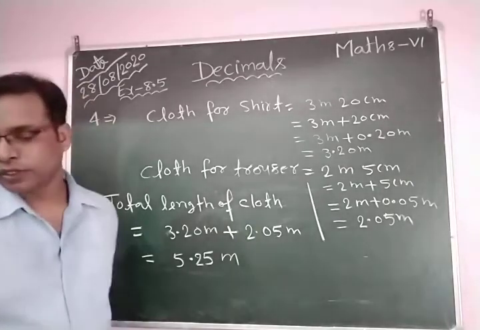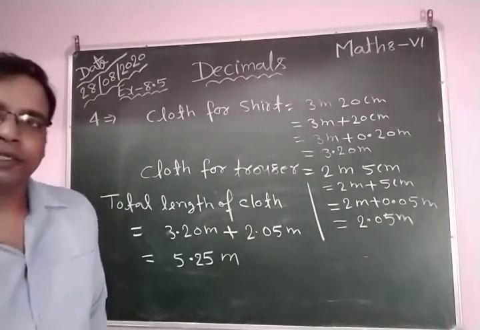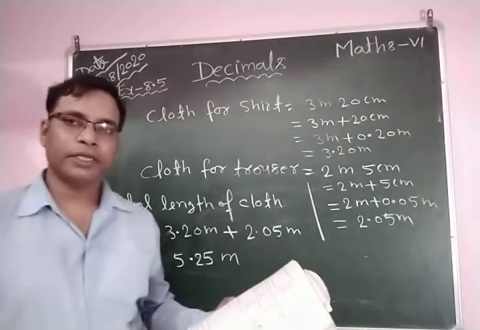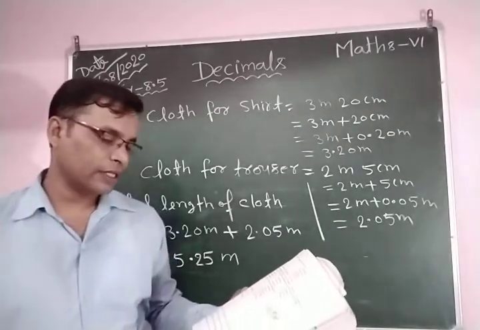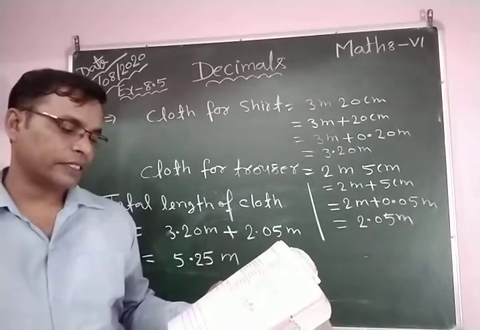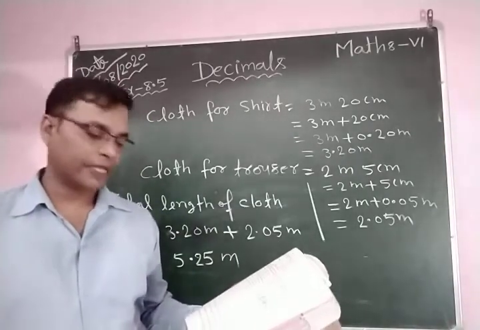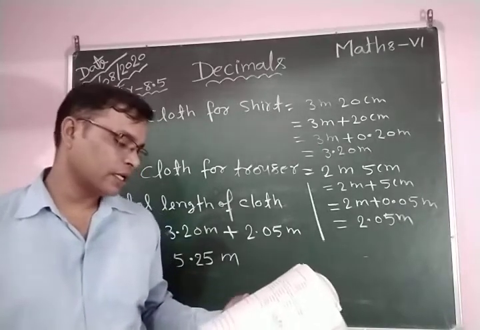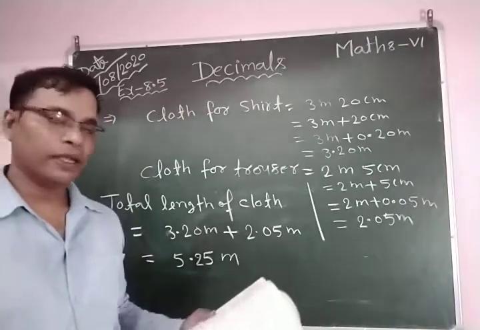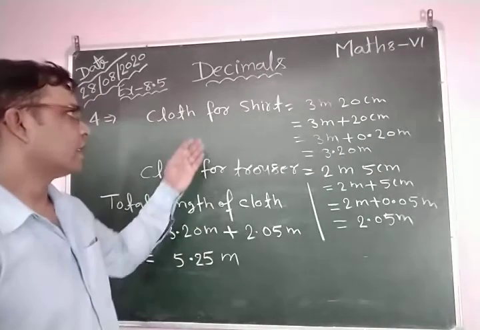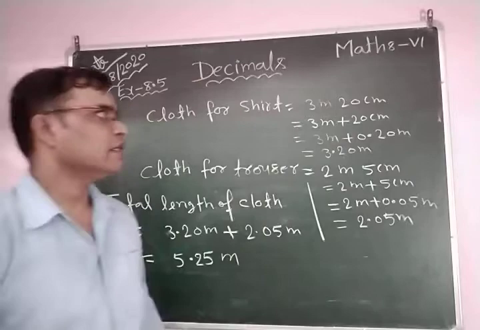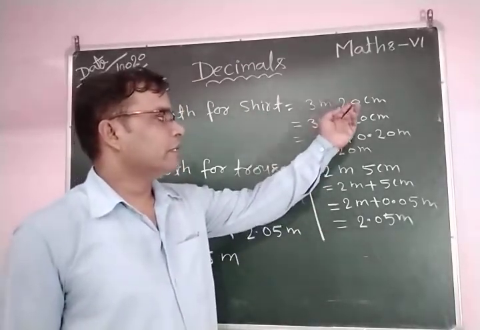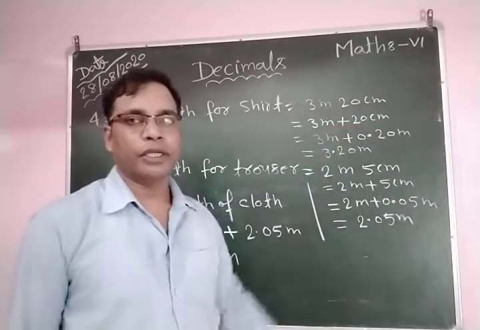In this question, this is given that Nasreen bought 3 meter and 20 centimeter of cloth for her shirt, and 2 meter 5 centimeters of cloth for her trouser. Find the total length of cloth bought by her. So here you can see the cloth for the shirt is 3 meter 20 centimeter. We convert 20 centimeter into meter by using decimals.